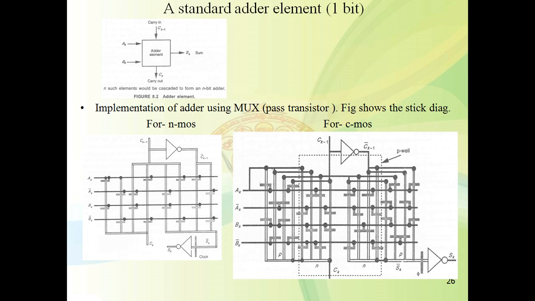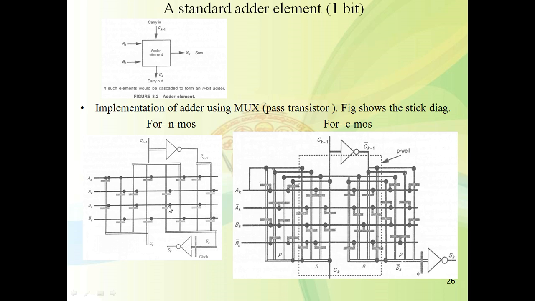You can see here for sk sum, when this is 1 and this is 0, so this will be there. ck minus 1 will be there, but after inverting you will get sk is equal to ck minus 1 bar, the complement of ck minus 1.